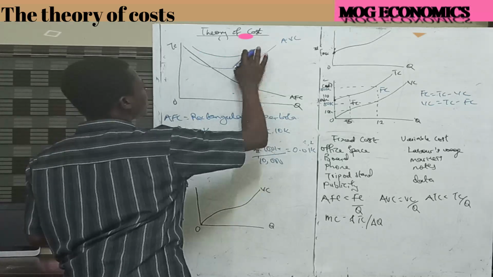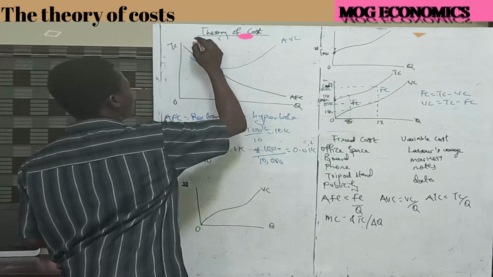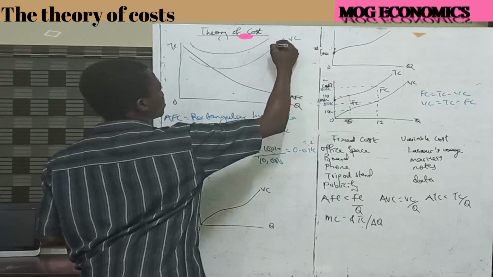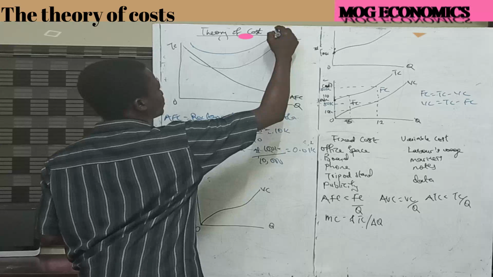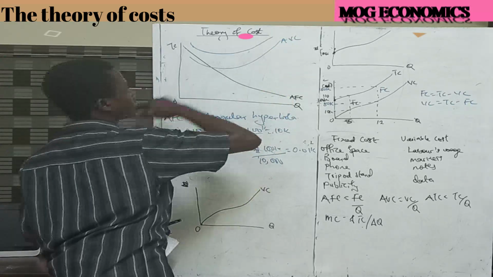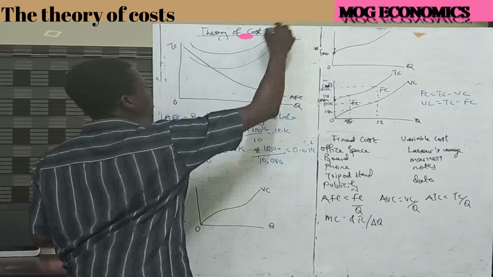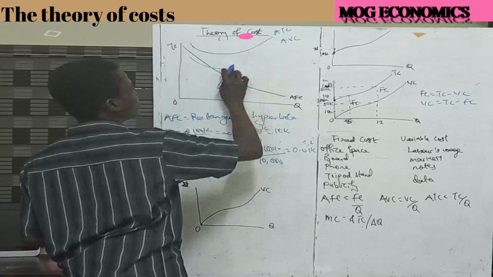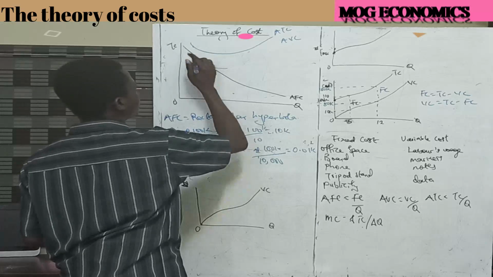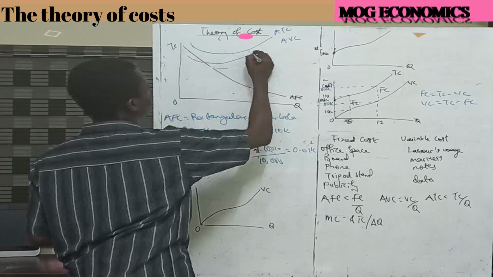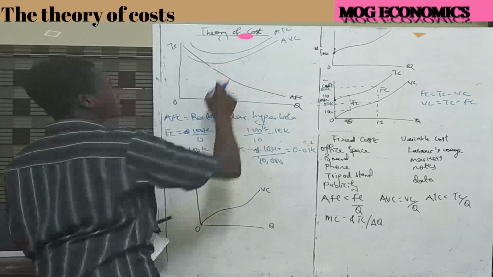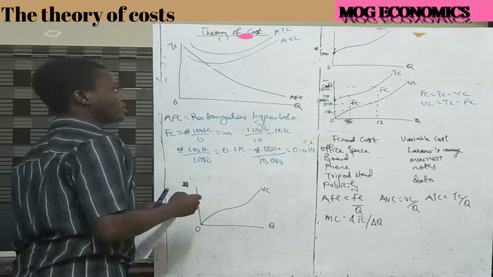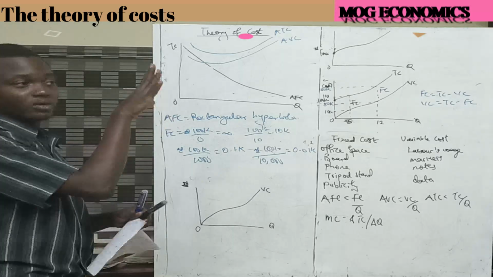So you have the average total cost curve, ATC. At every output, the difference between your ATC and your AVC is there because of the law of variable proportions.